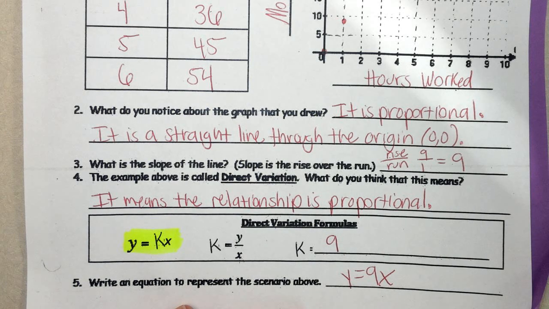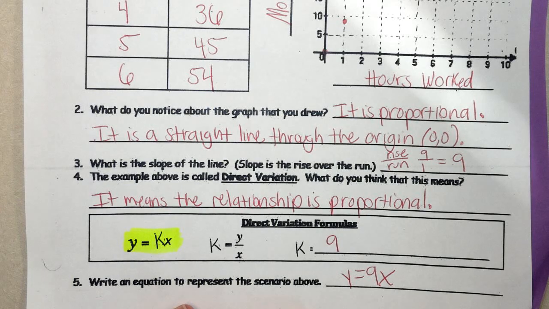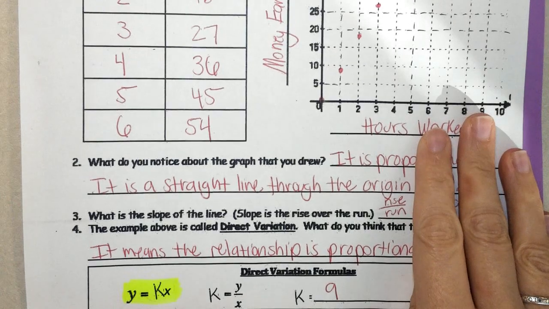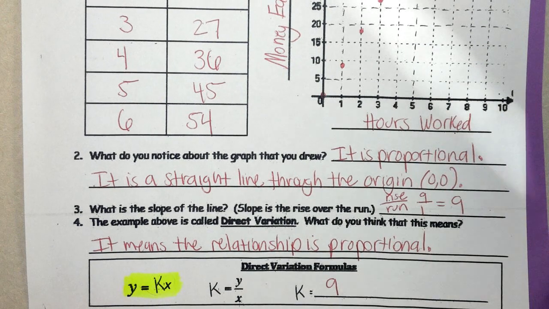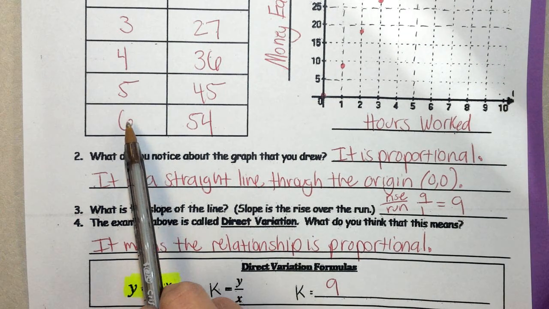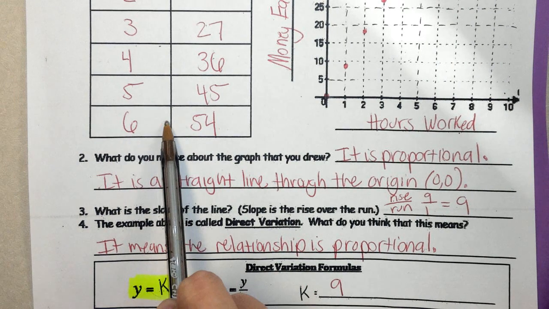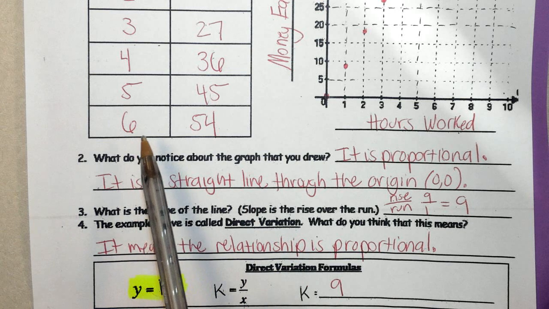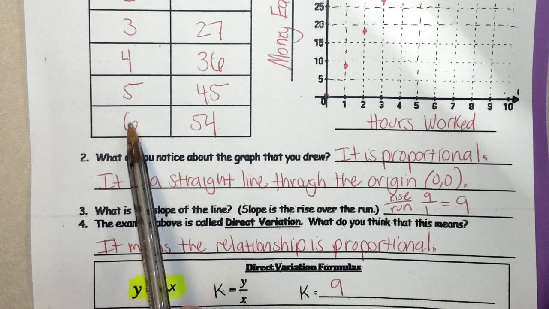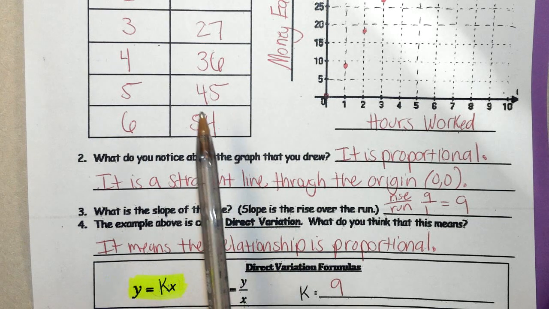Once you know what k is, which again, we've been doing, you just write it in y equals that number x. And hopefully it makes sense that the equation has to be in that format, because you guys were already doing this. Do you remember how you said, you take this times 9 to get this, and you take this times 9 to get this? Well, what you were doing was k times my x equals my y.